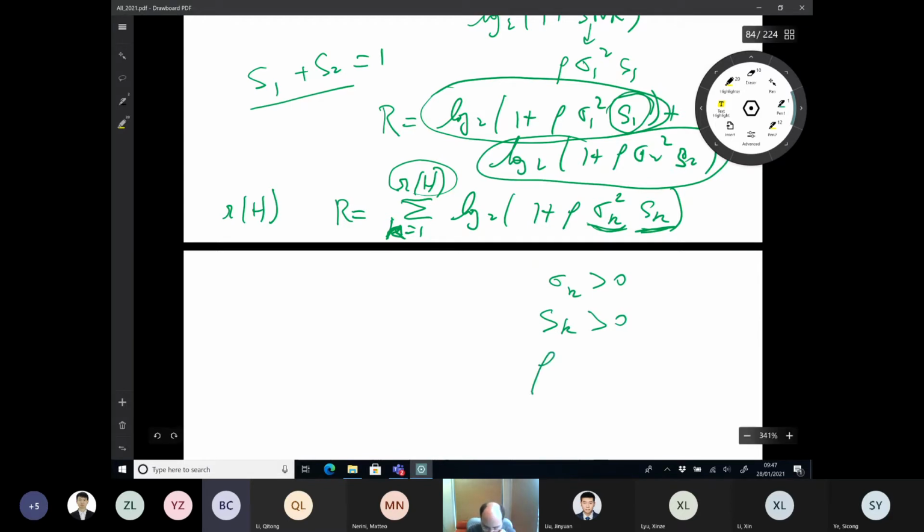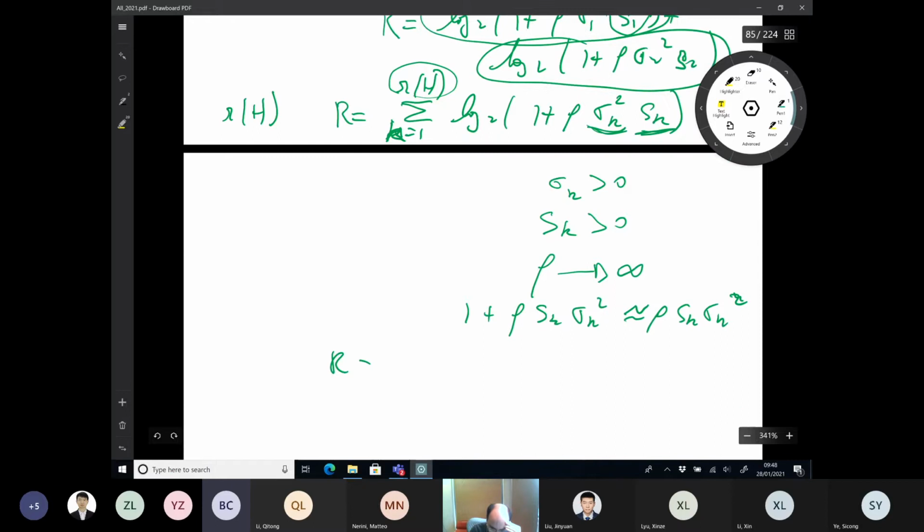And let's imagine that now rho tends towards infinity, right? So I fix the fraction of the power that is allocated to stream 1, stream 2, stream 3, and so on. But my long-term SNR is actually increasing, right? So what that means, I can say roughly this quantity is equal to rho Sk sigma k squared, if rho is sufficiently large, right?